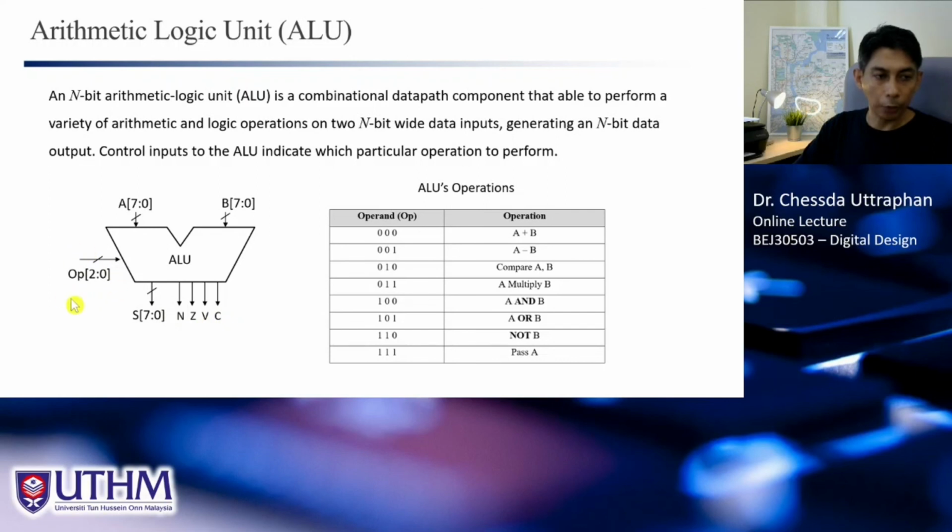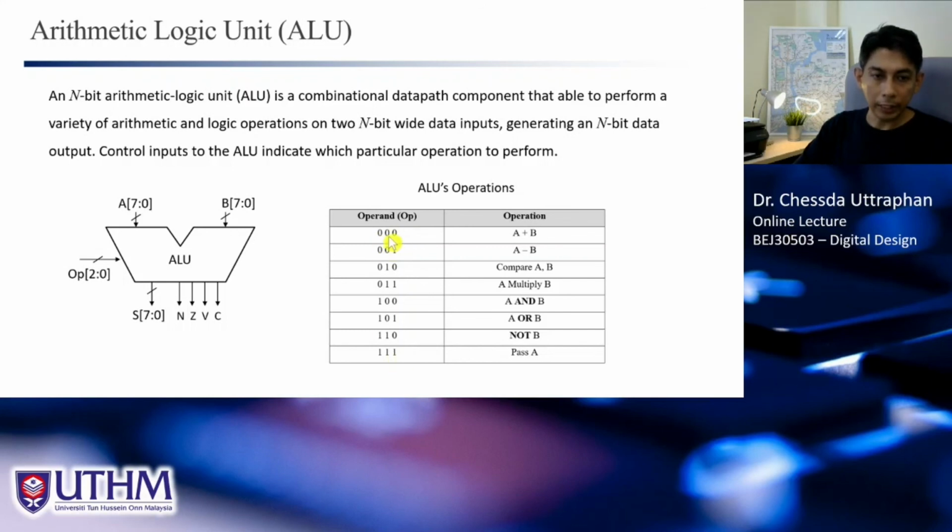And this is the operation OP, and the size is 3 bits in this case, because we have 8 operations here. Each operation is represented by a binary number, so we have 8 unique operations starting from 000 until 111.